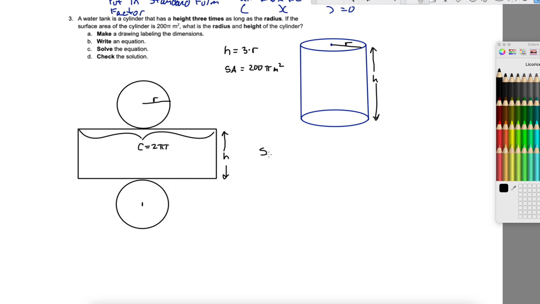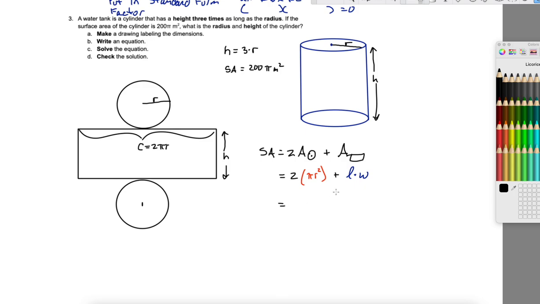So surface area is going to be, we have 2 areas of circles plus area of the rectangle. The equation for area of a circle is pi r squared, and the area of a rectangle is length times width.